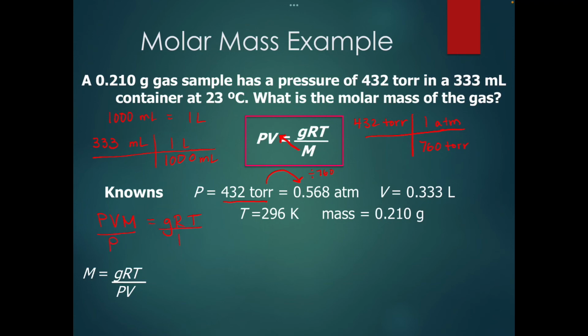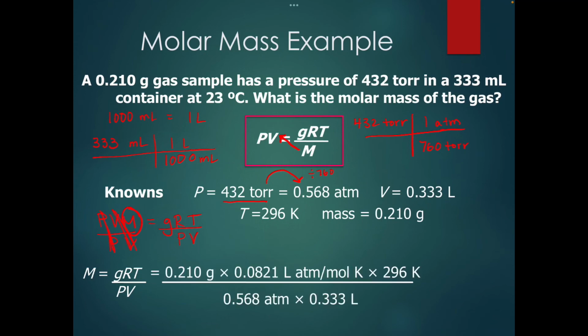So here we want to get rid of pressure on that side, so it's gone, and volume as well, so it's gone, which leaves molar mass by itself. So that's how we're getting molar mass is equal to gRT over PV. Then we can go ahead and plug all of that in. So we have our grams, our R value, and our temperature divided by our pressure and our volume. So we make sure all of our units cancel.